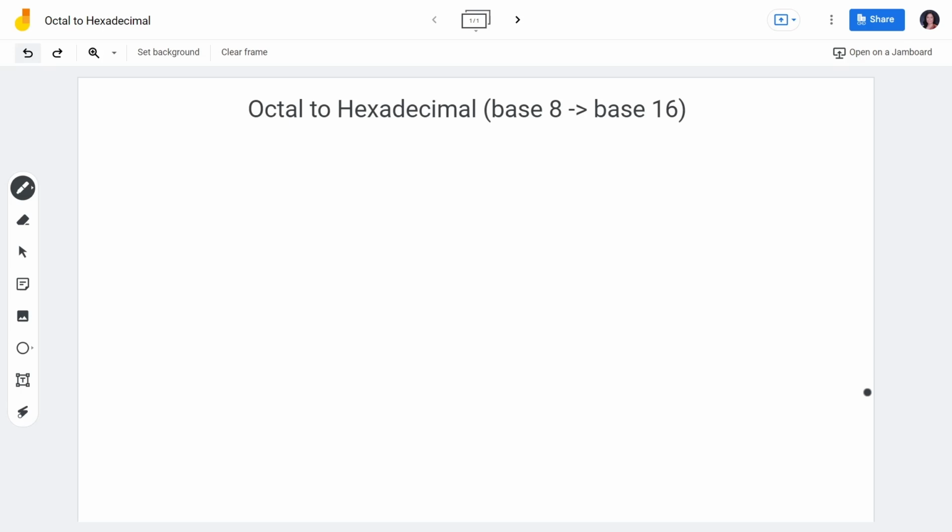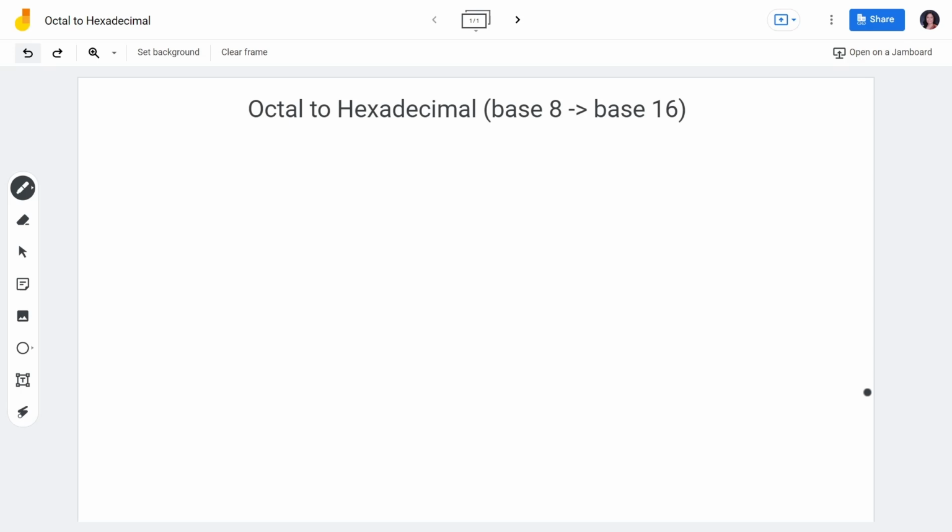So what are the ways to solve octal to hexadecimal? First is going through the decimal number system and then to hexadecimal, which is octal to decimal to hexadecimal. Another one is octal to binary to hexadecimal. Between the two, octal to decimal to hexadecimal is more complicated than octal to binary to hexadecimal.